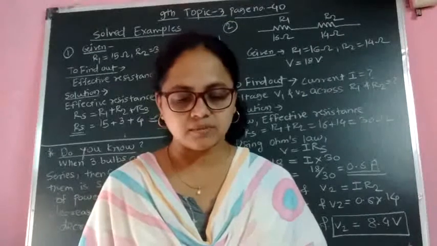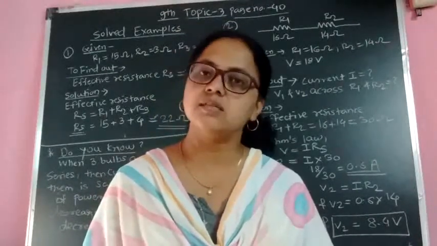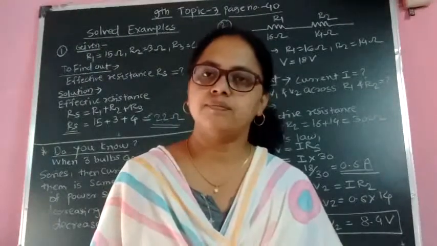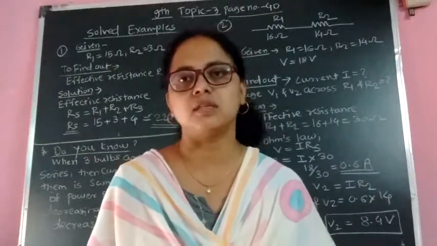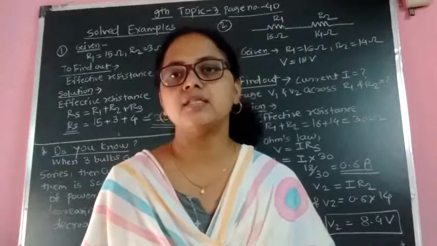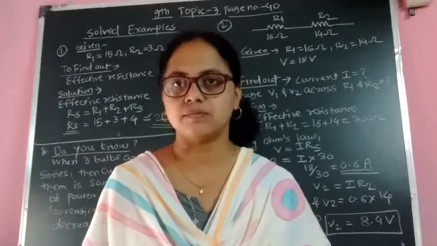Now next point is, this arrangement is used to increase the resistance in a circuit. That is, resistors in series, this arrangement is used to increase the resistance in the circuit. So these 5 points are characteristics of an electric circuit when resistors are connected in series.